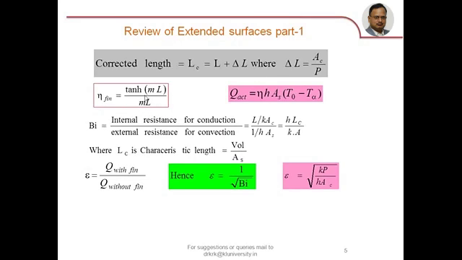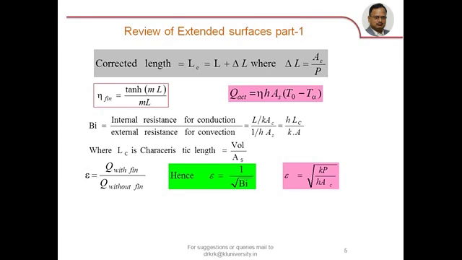Now the efficiency of the fin is defined as the actual heat transfer from the fin divided by the ideal heat transfer. Ideal heat transfer is the maximum possible heat transfer. When will the heat transfer be maximum? Only when the entire fin is at its base temperature.